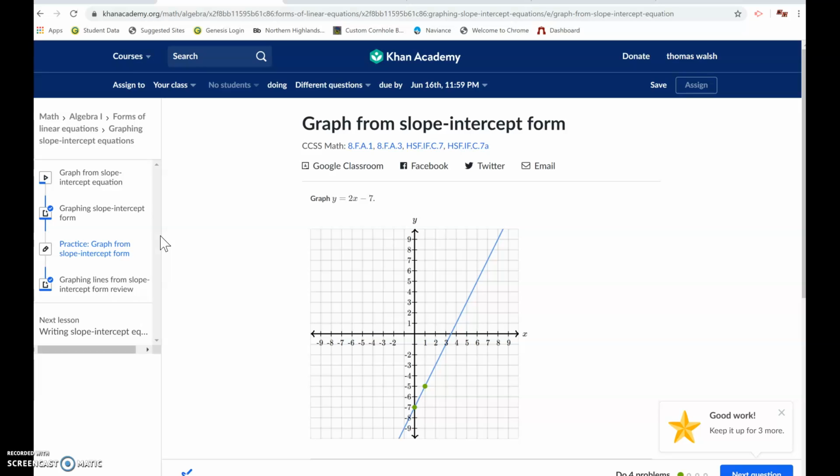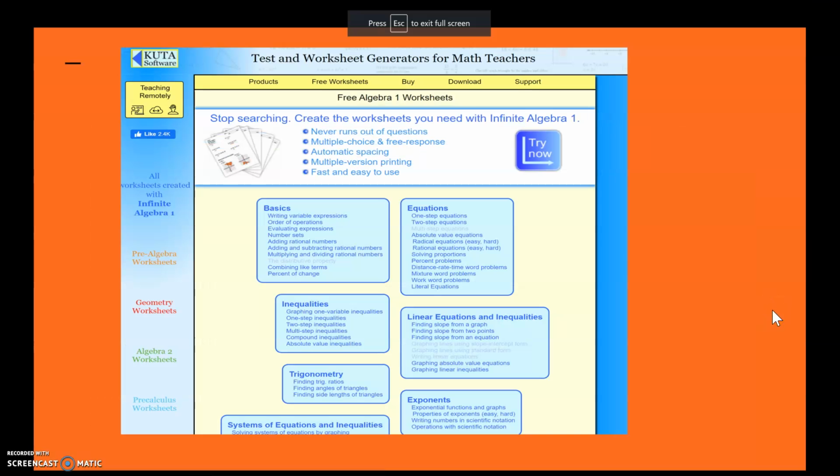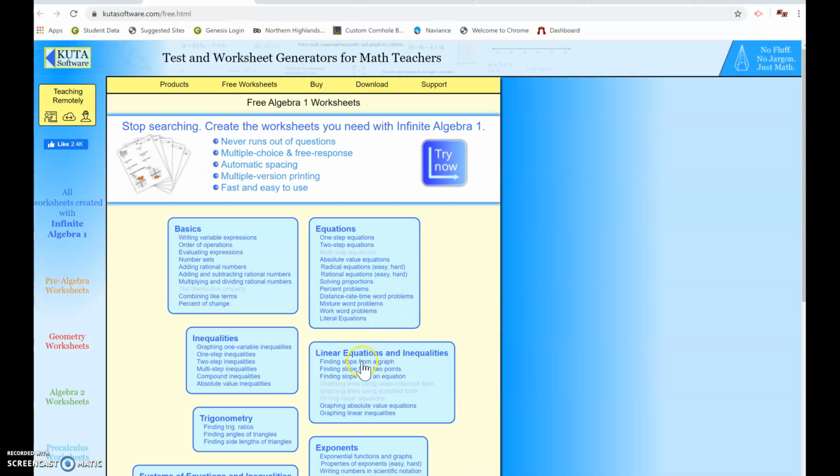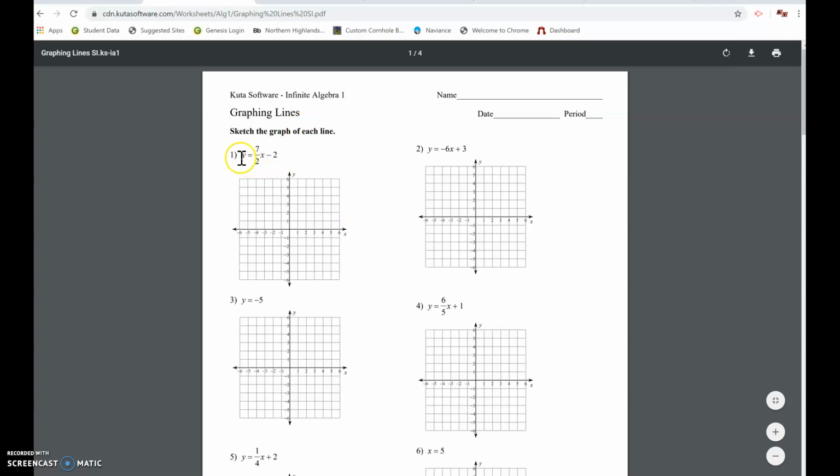All right, and those are all practice problems there on the Khan Academy. From Khan Academy, we go to the CUDA Software page, which is a worksheet generator or a test generator, and we would go down to the graphing lines using the slope intercept form, and you can see how it generates a worksheet where the students get the equations in slope intercept form, and they're responsible for making the graphs out of those equations.